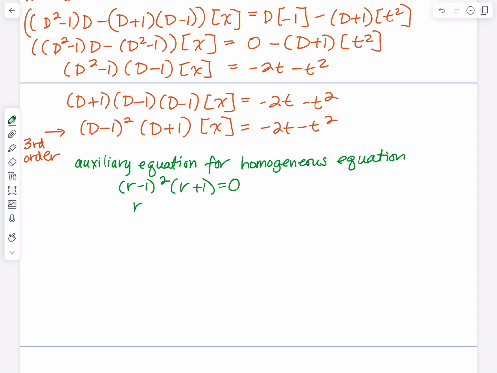So we have r1 equal to 1, which is a double root. And we have r2 equal to -1.